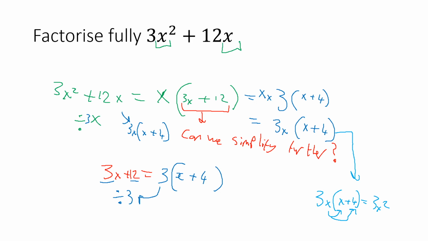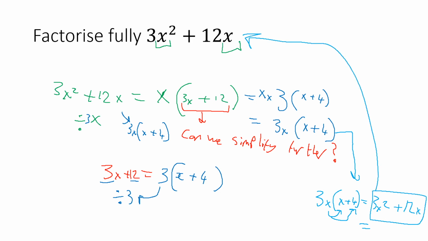What's 3x times 4? 3x times 4 is equal to 12x. And so therefore, this is the same as what we have here, which means this question would have scored us, I believe it's 2 marks. Maybe 3 on a good exam.